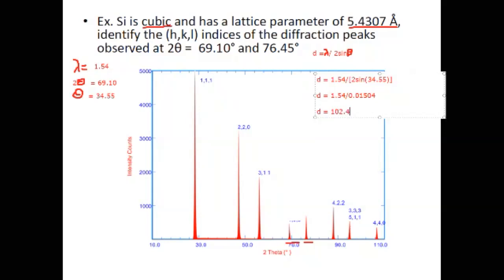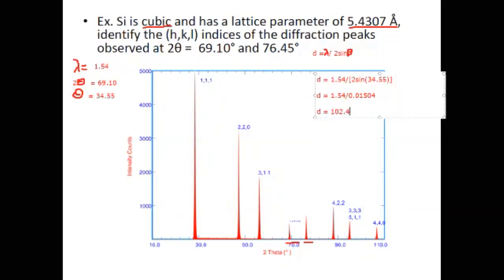102.4. Let me double check that because that doesn't jive. I was using my cell phone as a calculator. Sine of 34.55 times 2.